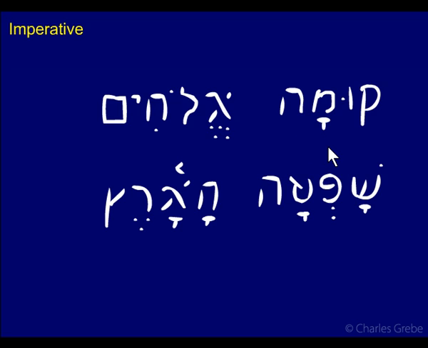We have that a at the end. Kuma means arise. Kum means to arise. So arise, O Lord, or O God. Shafat is to judge. Again, we have the long form. See the a there, the reduction here, and the kametz hatuf. Shofta. I hope I said that right before. Shofta. Arise, O God, judge the earth.